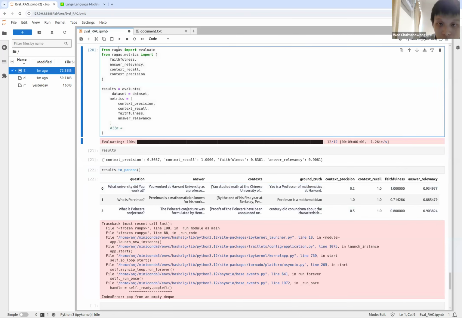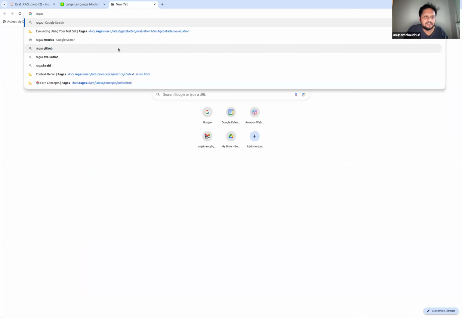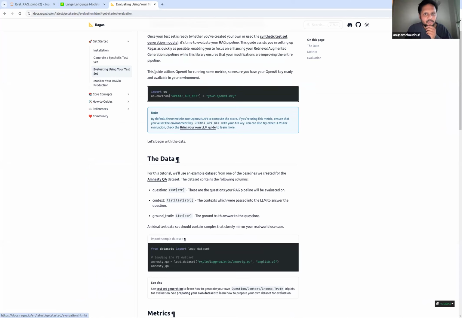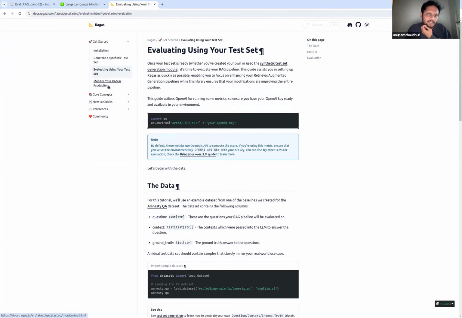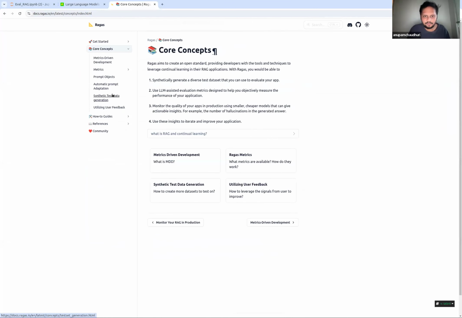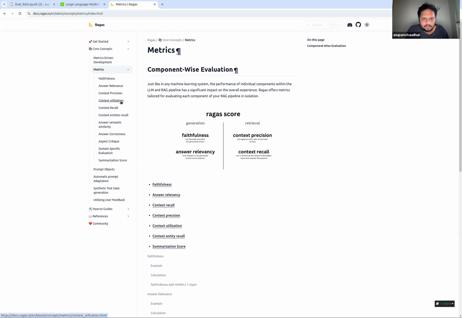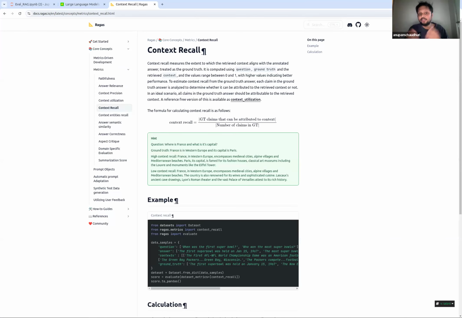Okay, how do we calculate it, right? Let's look at the documentation. We should know this definitely. I'll start with recall because that one's the easiest to define.